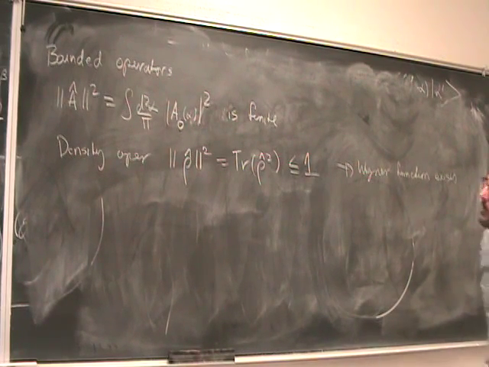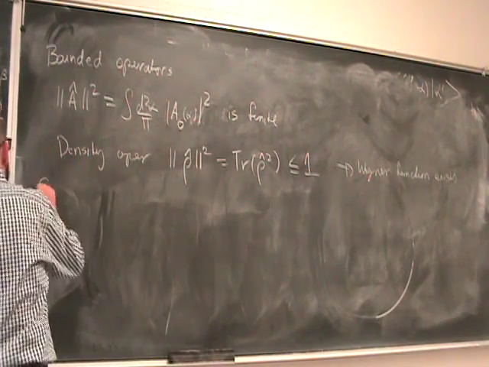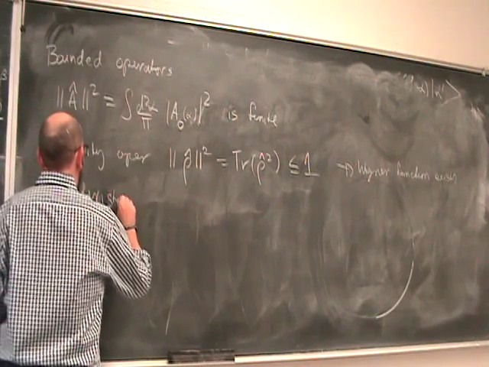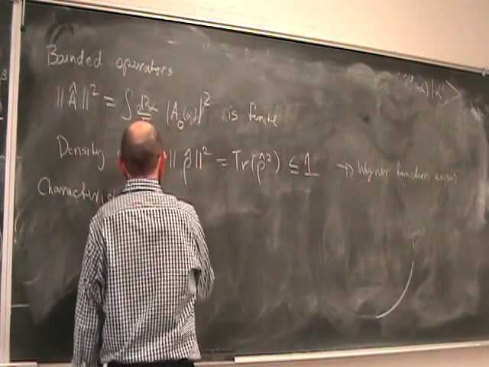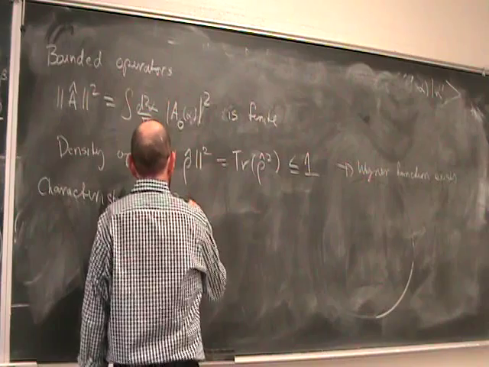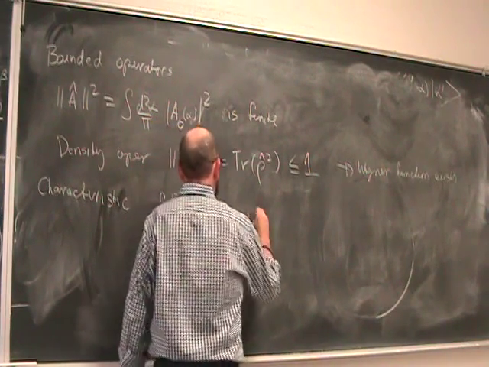On the other hand, the other thing we defined was the characteristic function, which is the Fourier transform of the quasi-probability distribution. It's the thing that we said we use in statistics.